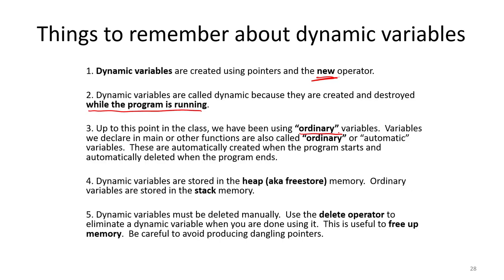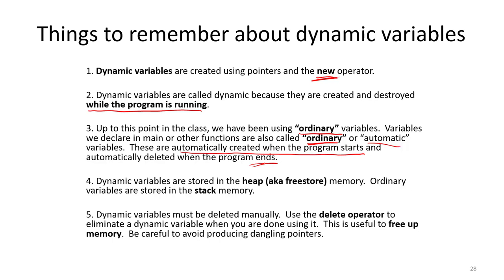So any variable we declare inside main, or any variable we declare in other functions, these are generally ordinary variables, sometimes called automatic variables. These variables are automatically created when our program starts, and automatically deleted when the program or the function using them has ended.